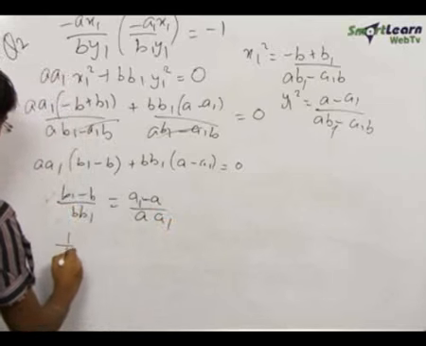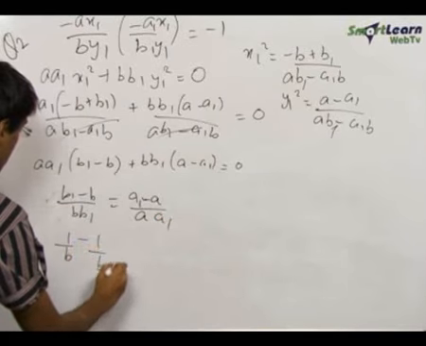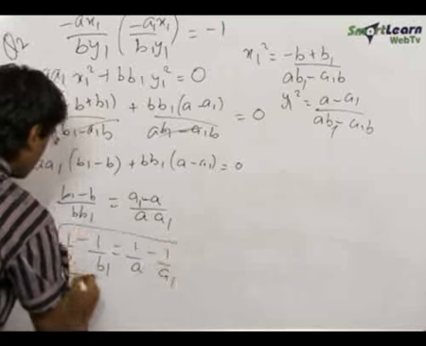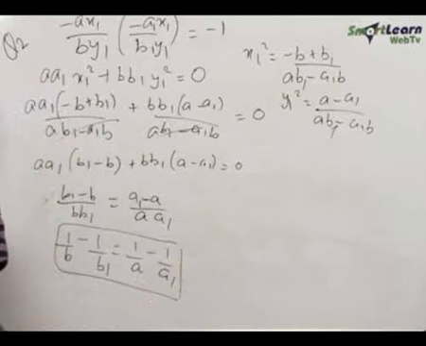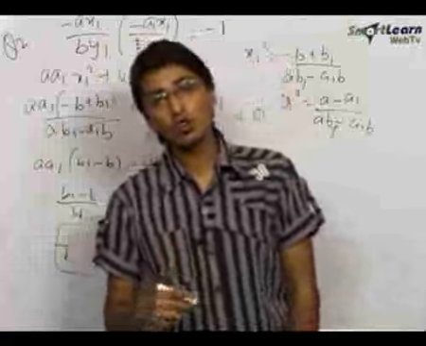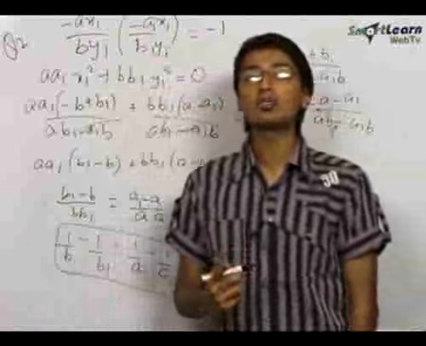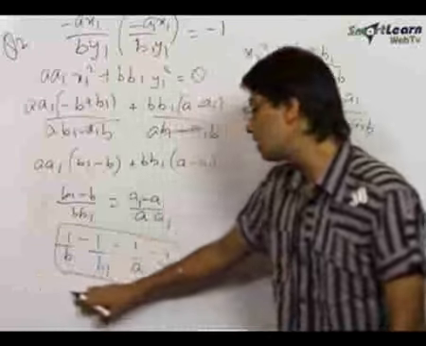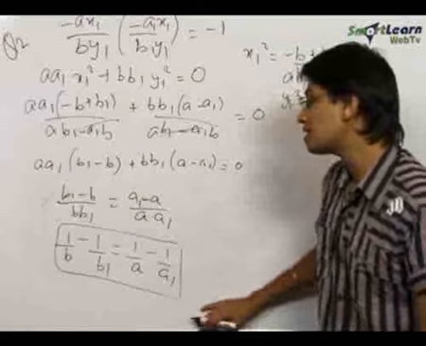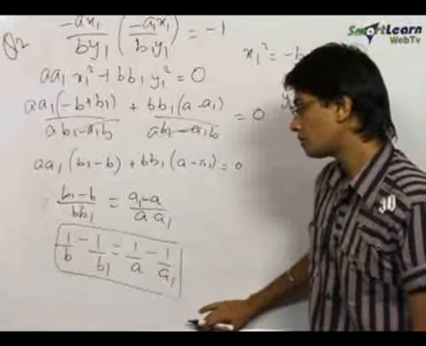This becomes 1/b − 1/b1 equal to 1/a − 1/a1. And hence the condition, if the two curves ax² + by² = 1 and a1x² + b1y² = 1 cut orthogonally, is 1/a − 1/a1 = 1/b − 1/b1.